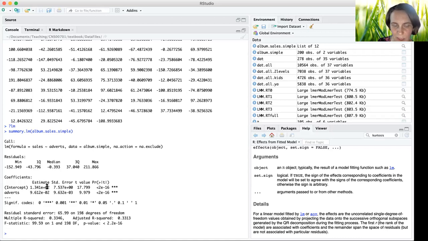So here it's 2. It basically means 1.341 times 10 to the power of 2, right? So that means divided by 10 to the power of 2. It means move your decimal place 2 positions to the left, so that's 0.009612, so roughly 0.01.